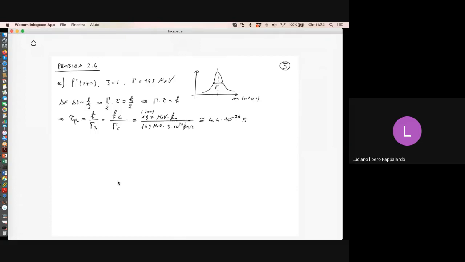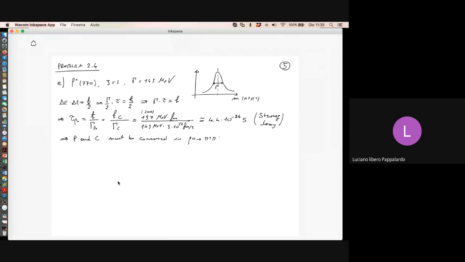So in this case, since it is a strong process, we expect that P and C must be conserved, because it is a strong decay or a strong process in general. So they must be conserved in the process rho 0 going into pi plus, pi minus. Of course, also angular momentum must be conserved in the process.